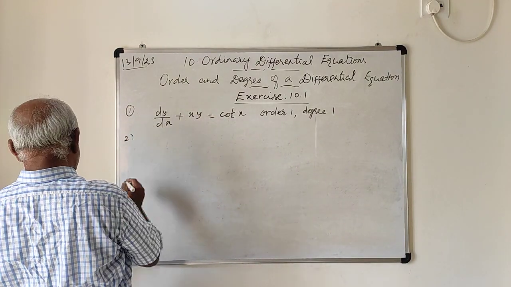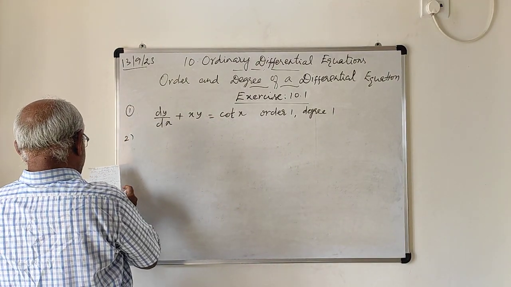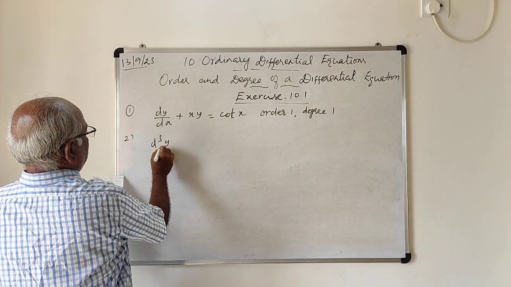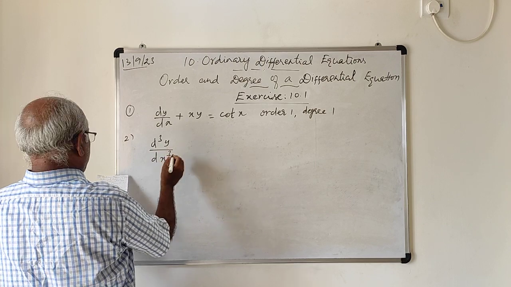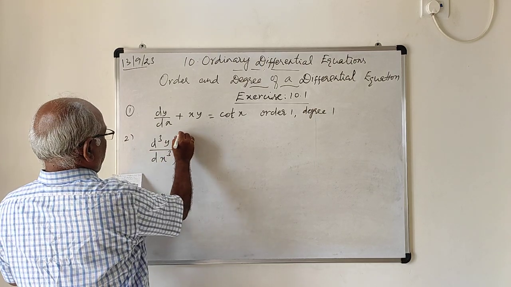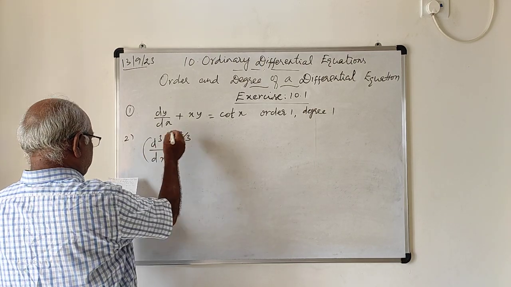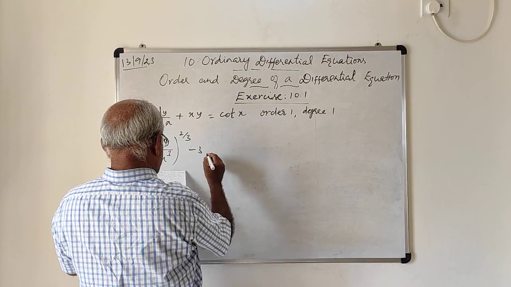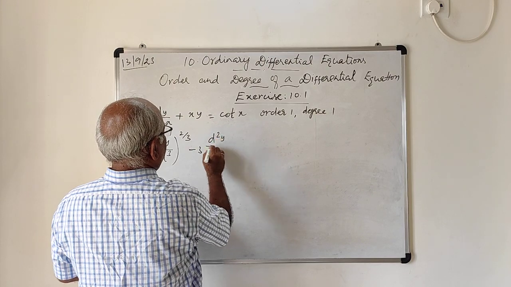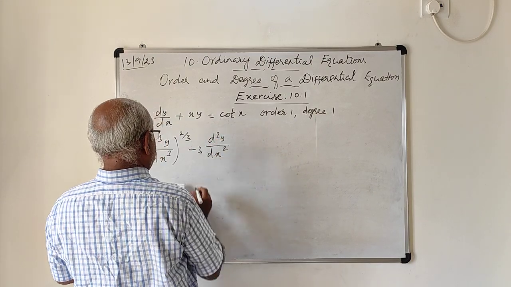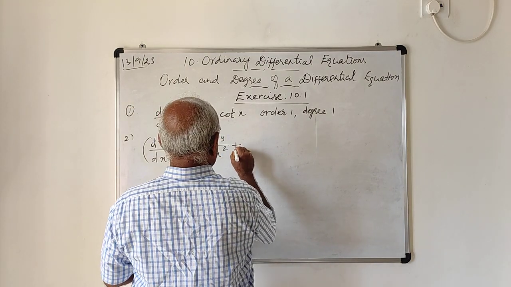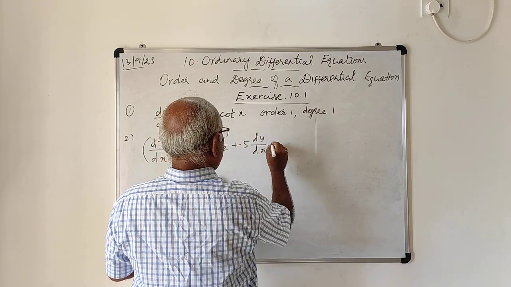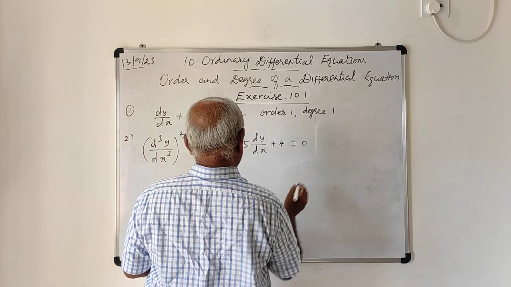Similarly, second problem, (d cube y by dx cube) the whole power 2 by 3 minus 3 into d square y by dx square plus 5 dy by dx plus 4 equal to 0.